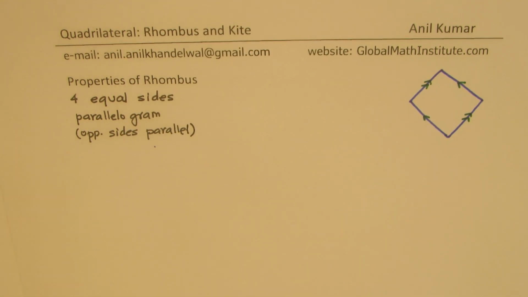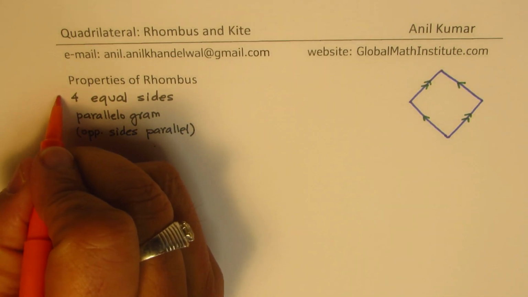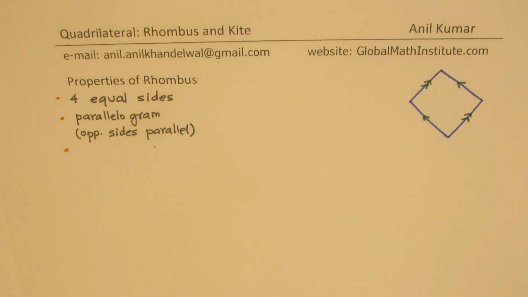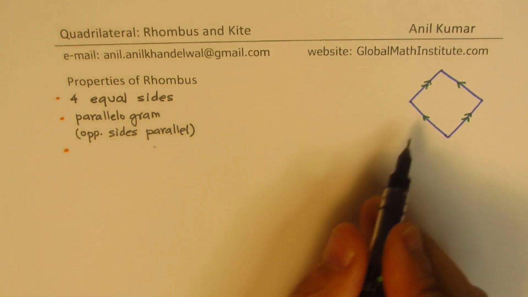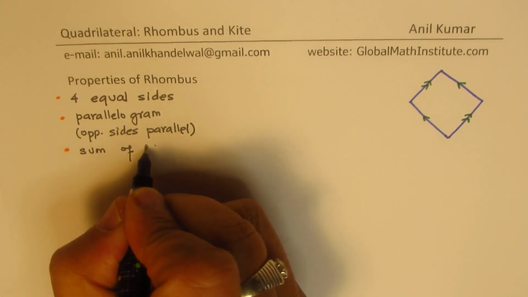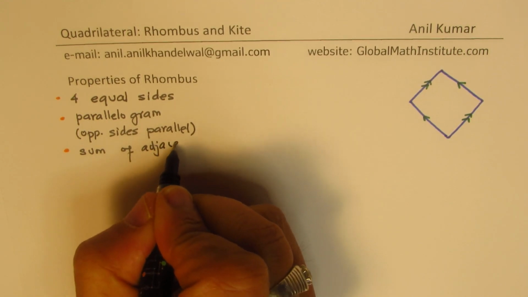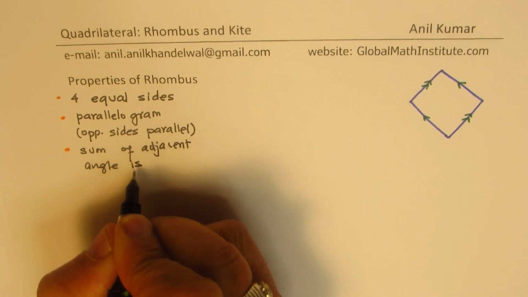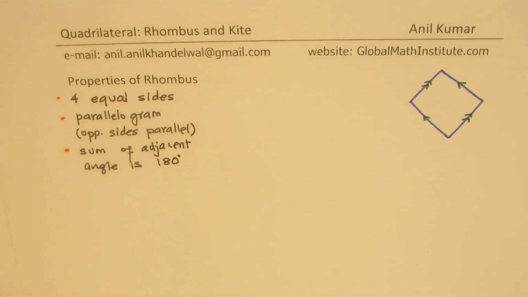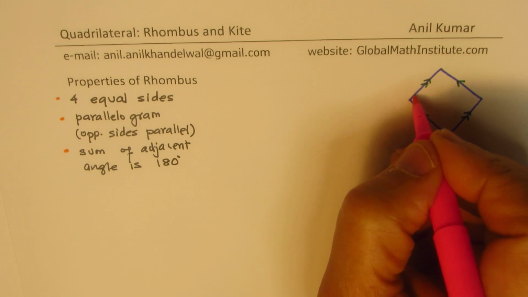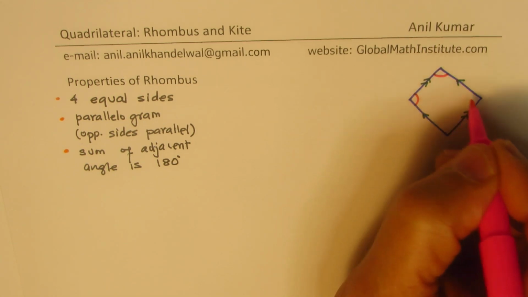Now, when we say it is a parallelogram, then with that we can write the associated properties, and that is sum of adjacent angles 180. So what I'm trying to say here is that if these are my angles, let's say these are the different angles, right?